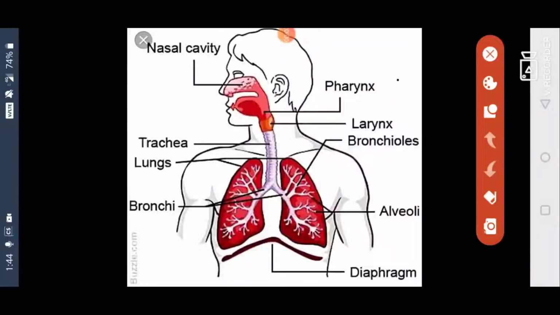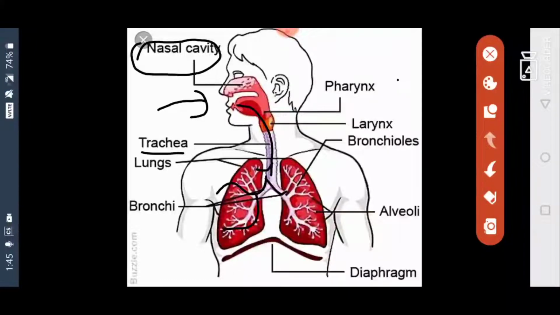Now let's understand the human respiratory system with the help of a diagram. First, oxygen rich air enters into the nostrils. Then it travels down the trachea and enters into the lungs. In the lungs, it divides into smaller and smaller branches known as bronchioles.